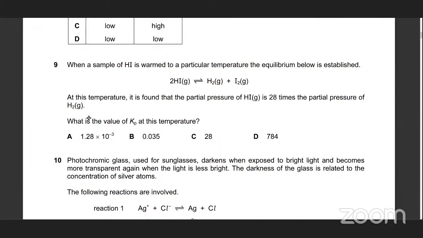So let's say the partial pressure of H2 is x. The partial pressure of HI is 28 times that, so that's going to be 28x, right?